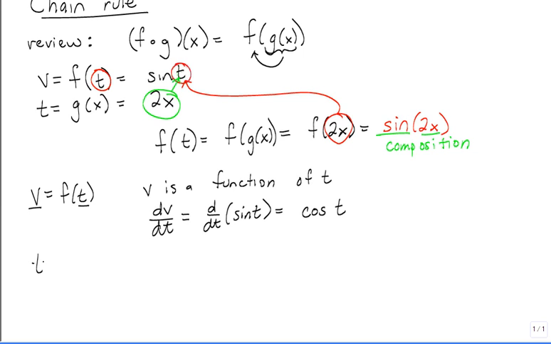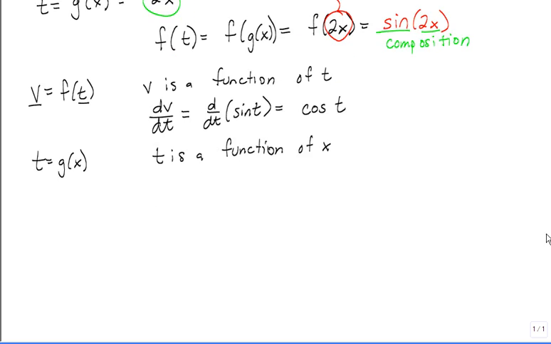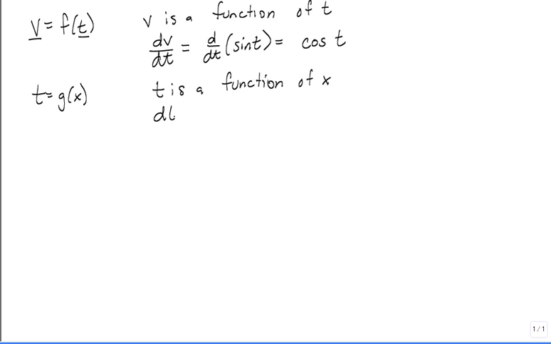And then we have t equal g of x, so we say t is a function of x. You see how these two functions are building on one another. And dt dx is then d dx of 2x. Derivative of 2x is 2.